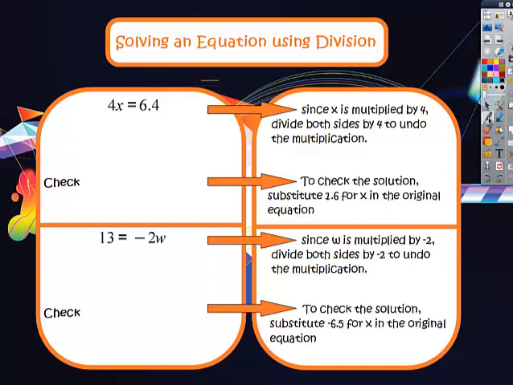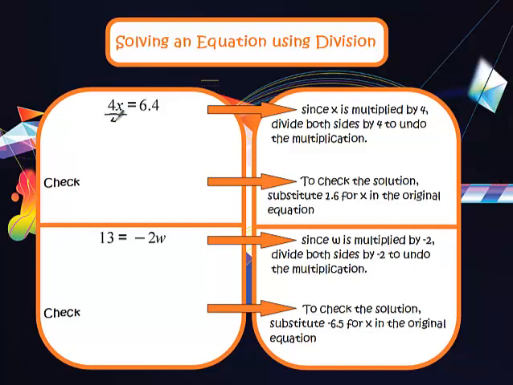So we have 4 times x equals 6.4. Since this is multiplication, we want to use division to undo the multiplication. So we're going to divide both sides by 4.